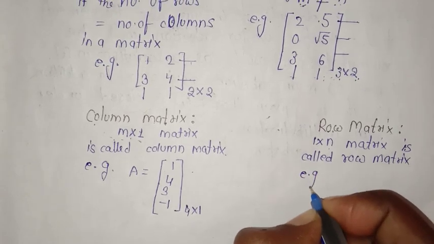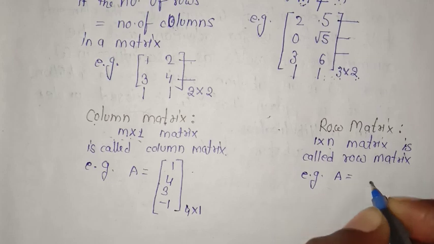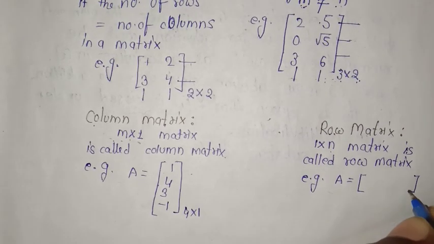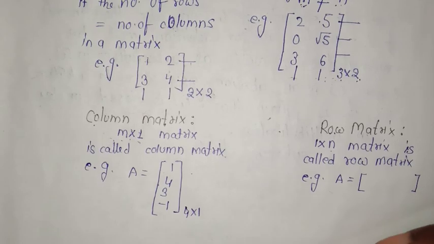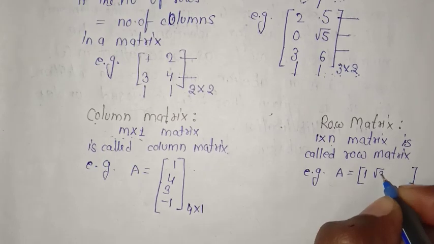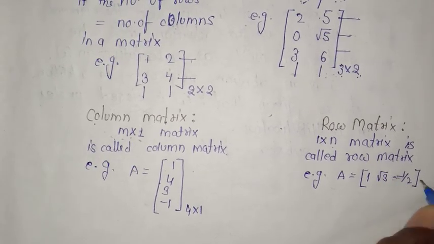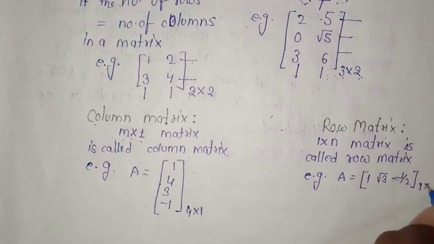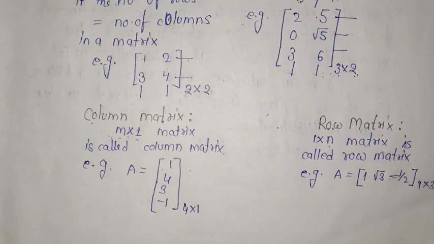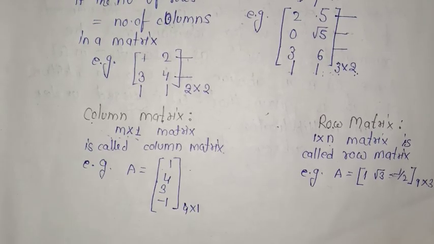In order to write a row matrix, we take a matrix in which only one row is present, and columns may be 1, 2, 3 or anything, but the row will be only one. So if I take this kind of elements, this will be a 1 cross 3 matrix. In this way we can define the row matrix and column matrix. I hope the definitions are clear.